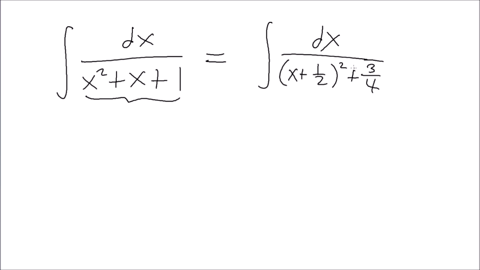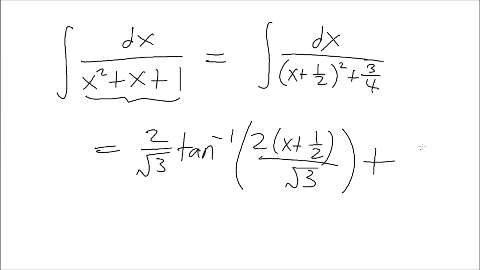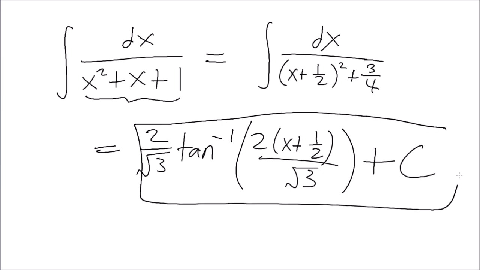Now in this case, we have an easier case. This is 3/4. So that's square root of 4 over 3, that's 2 over root 3, inverse tangent of x plus a half, so we have to multiply this, x plus a half, times 2 over root 3, plus c, and this would be our answer.